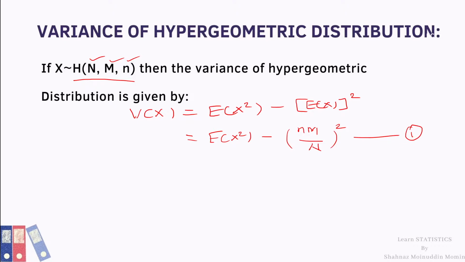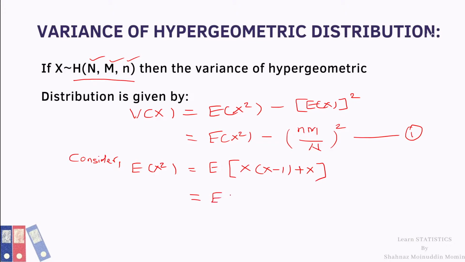Now we will calculate the expected value of X square. So consider the expectation of X square. I will write this X square as X into X minus 1 plus X for our convenience.